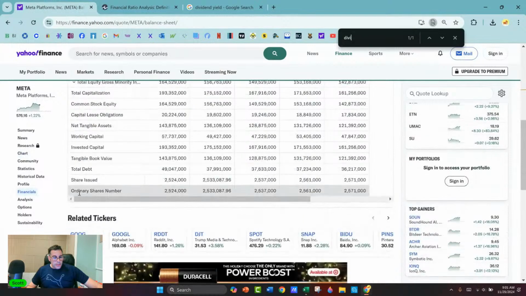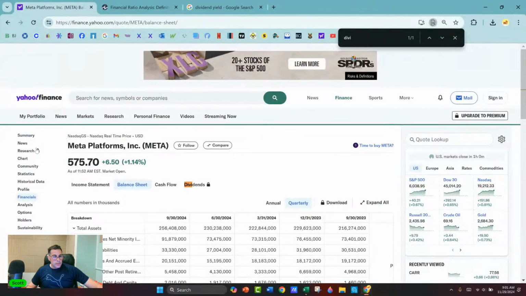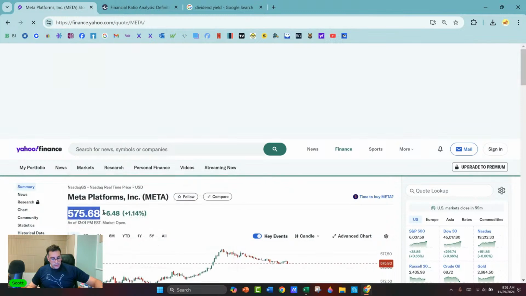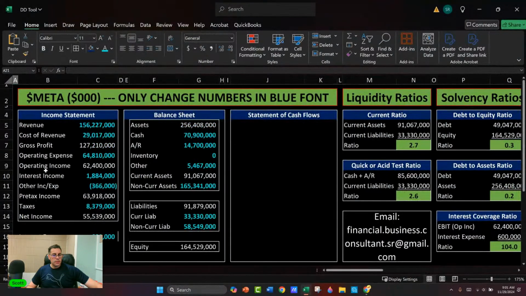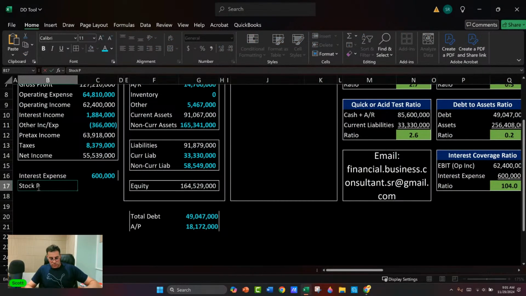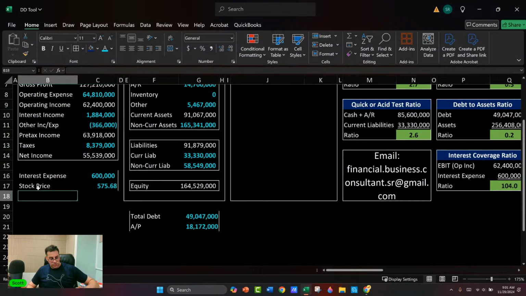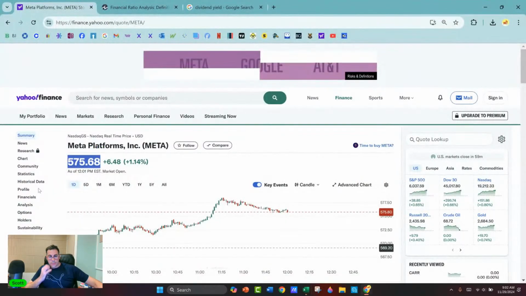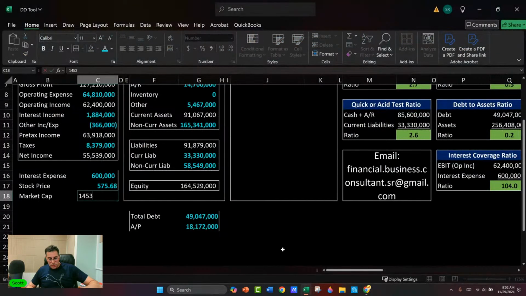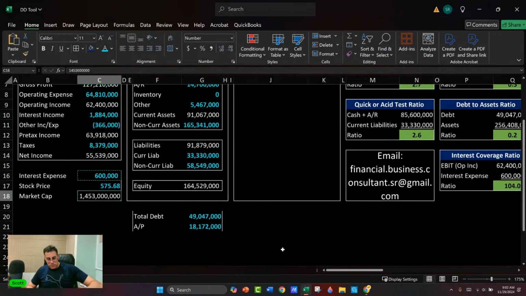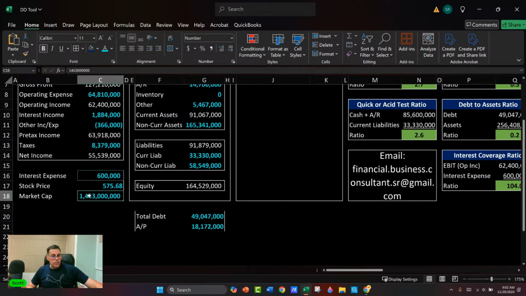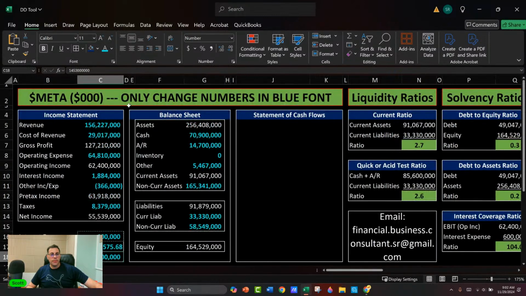This is a good one. Okay, stock price. Market cap. $1,453,000,000, because all the numbers are in thousands.